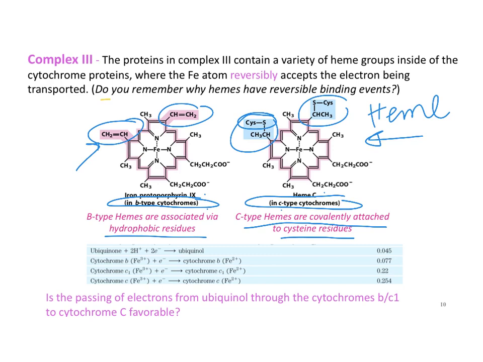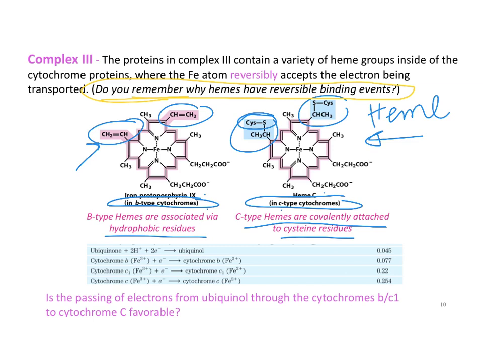And I'm going to just circle this question because this whole class is cumulative. I want you to go back and think about, do you remember why the hemes have reversible binding events? Because the iron could accept an electron and not give it up. But it does give it up, and it gives it up for a few reasons.